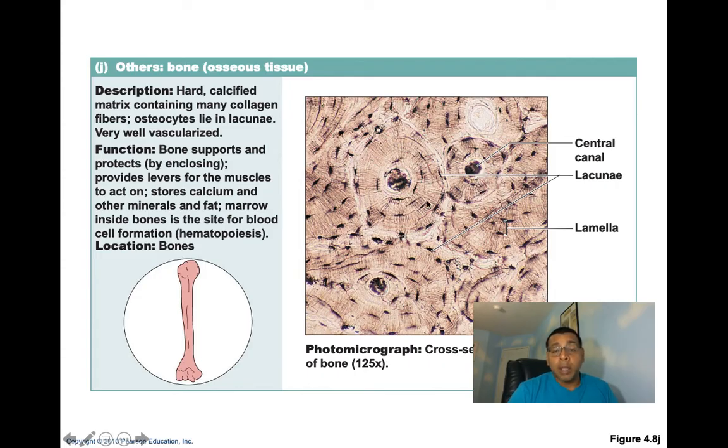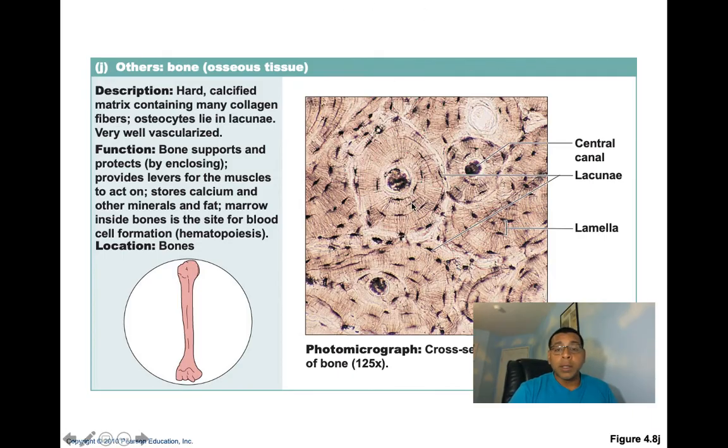These osteons themselves each have a central canal. Inside of there are blood vessels and nerves. And then here you can see the lacunae. What's inside of these lacunae? You're going to find your osteocytes, because you have three bone cells: osteocytes, which are the mature cells; the osteoblasts, the immature cells which produce the matrix, while osteocytes maintain the matrix; and an osteoclast, which will break down the bone.